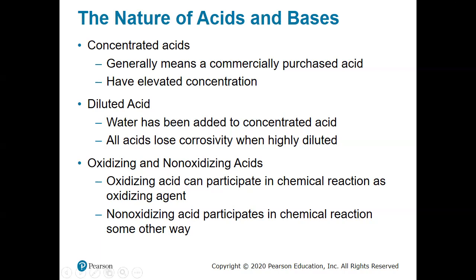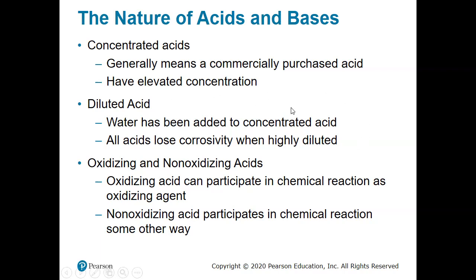Why do we do that dilution? Because the necessity of having a concentration that high generally doesn't apply to most kinds of situations. Only when we need a severe amount of corrosive power will we use such a high concentration. So most of our acids end up getting diluted.